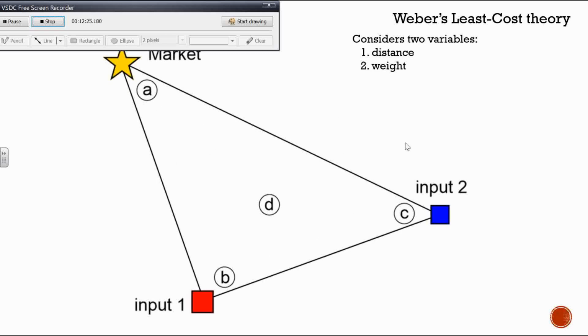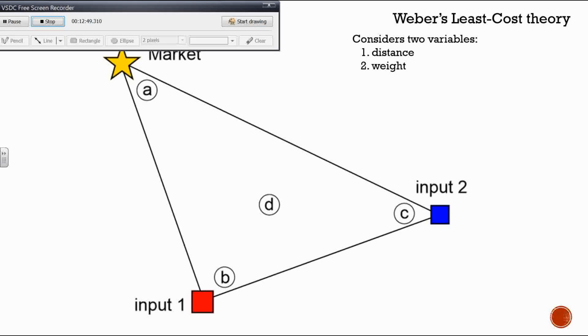So, for example, if input 2 is heavy and input 1 is lighter, and the final product is lighter, you're going to want to locate closest to the heaviest input, right? So, a great example would be iron and refining iron.